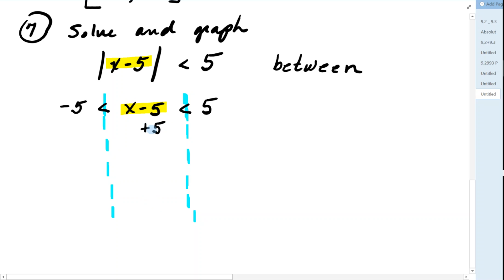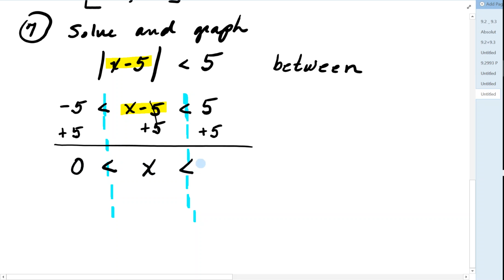If this were just a single inequality, you would know to add 5 over here as well. But it's a 3-part inequality, so you need to add 5 over here. So whatever you do to get toward x in the middle, you do to 1, 2, 3 parts. That gives me 0. Copy down my less than symbol. Now I have x, copy down my less than symbol, 10.